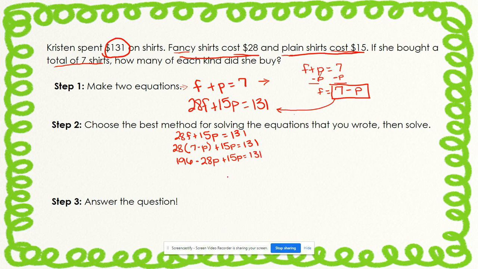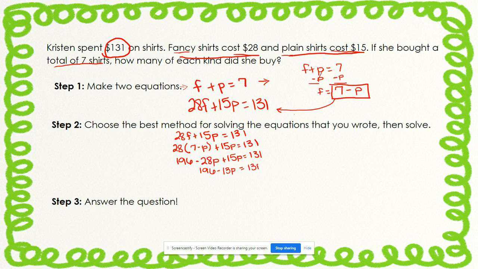And then I'm going to combine like terms. So on this side of my equation, I have negative 28p plus 15p. And when I do negative 28 plus positive 15, I get negative 13. I haven't done anything with my 196, so I'm just going to rewrite 196. Because negative 28p plus positive 15p was negative 13p, I'm writing minus 13p.